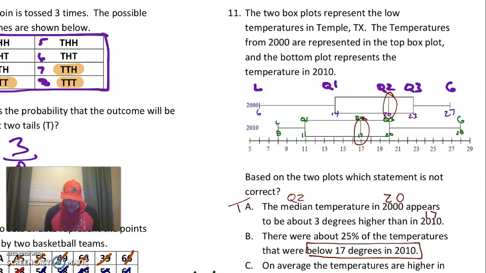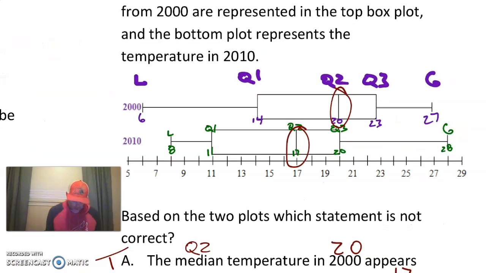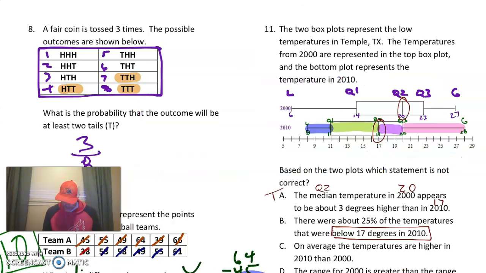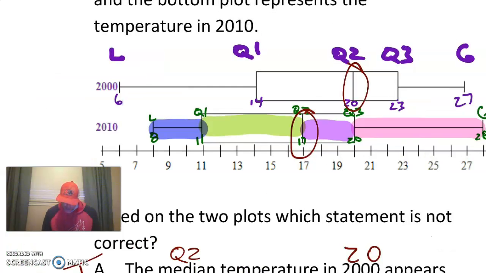Remember, each one of these sections is 25%, even though, yes, I know, they look like they're different sizes. Each section is 25% of the box plot. Okay? So there were about 25% of the temperatures that were below 17 degrees in 2010.